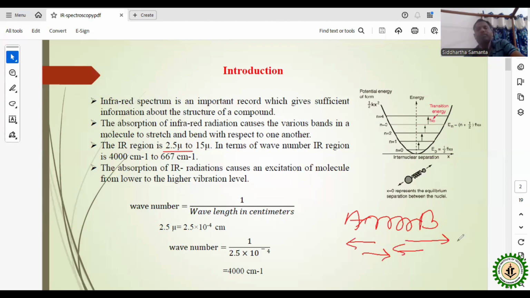When such a functional group is present, the molecule absorbs energy in the IR region and molecular vibrations take place. So this type of spectroscopy is also known as vibrational spectroscopy.